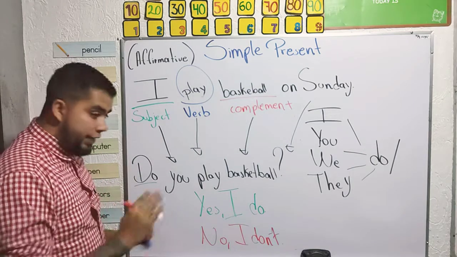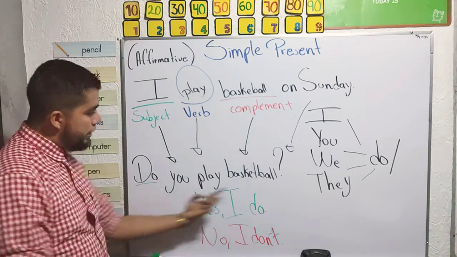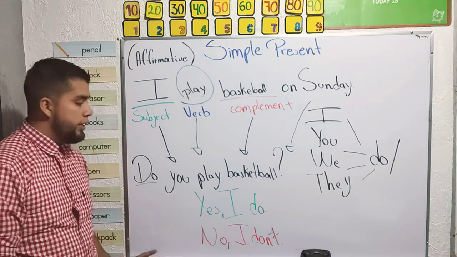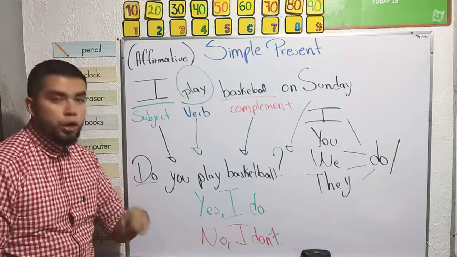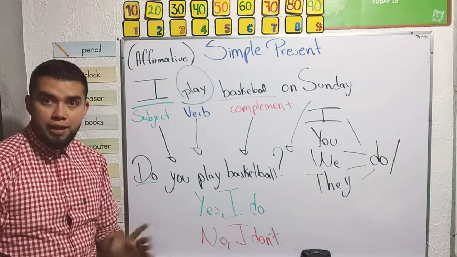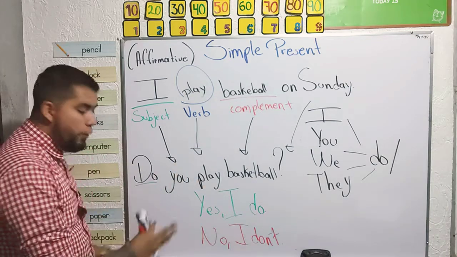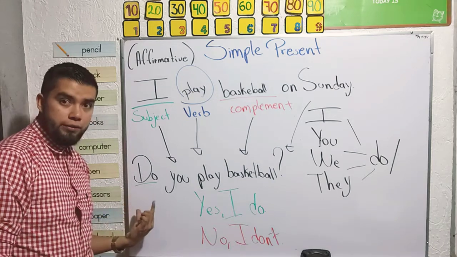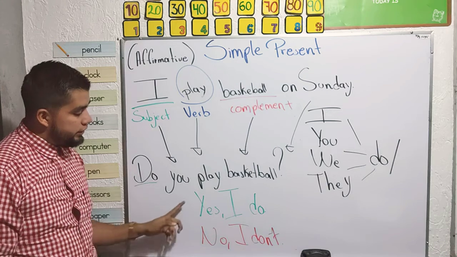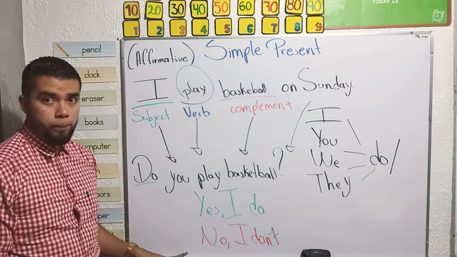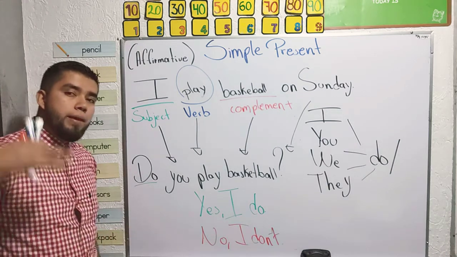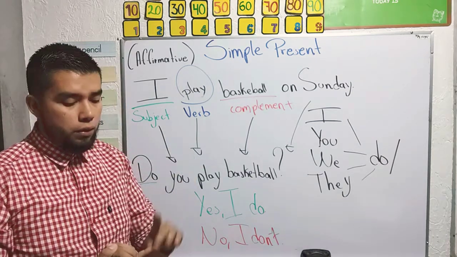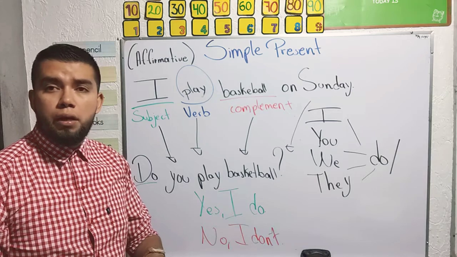Now, pay attention. When my question includes only the auxiliary, it is a yes/no question. Keep that in mind. When the question is only using the auxiliary, the answer is yes or no. Remember that in the past class we saw the question words: what, where, when.